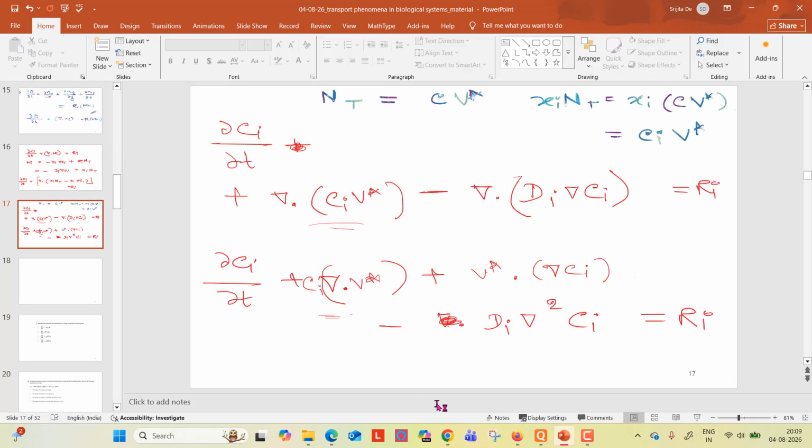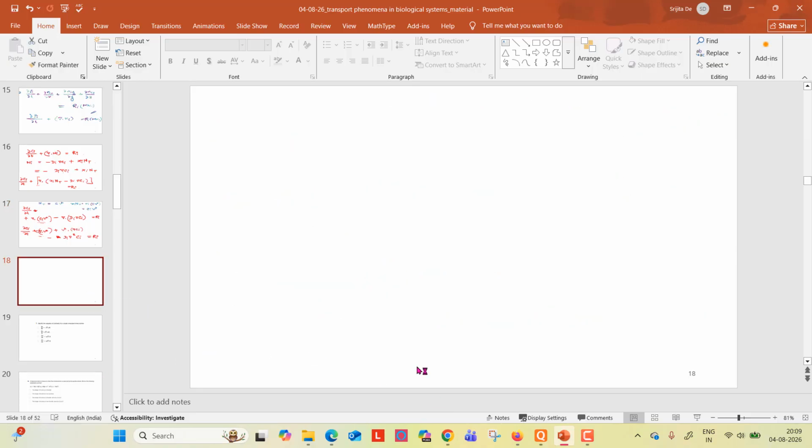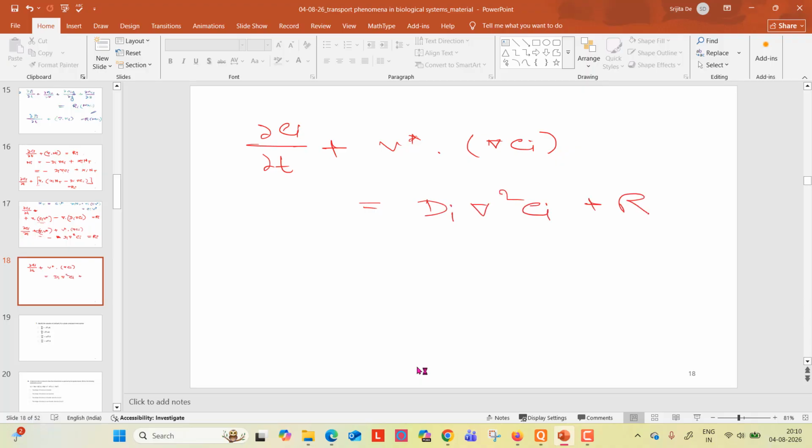So what is it left with? It is left with del Ci del T plus V star into divergence of Ci equals to di grad square Ci plus Ri. Okay.